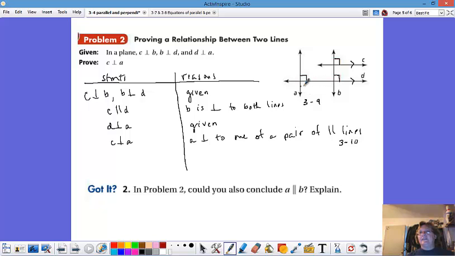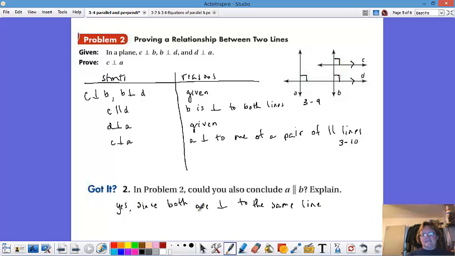Are you justified in saying that those two lines are parallel? Yeah, in many ways. They're both perpendicular to the same line. Or you could just use the corresponding angles there as well.